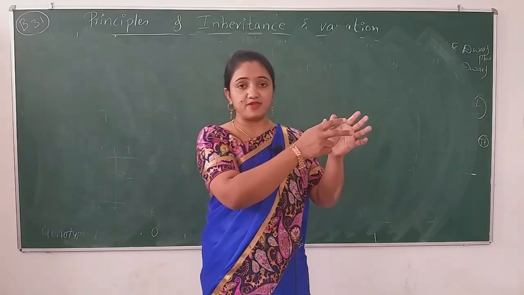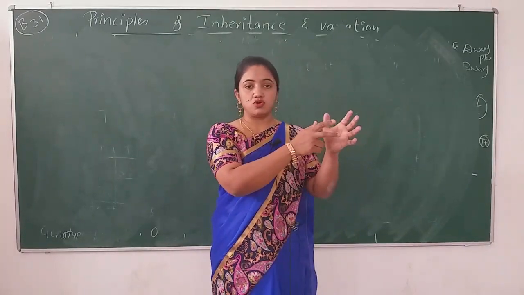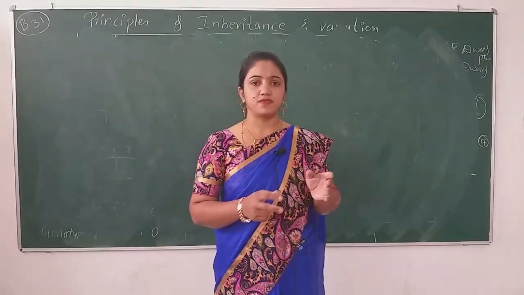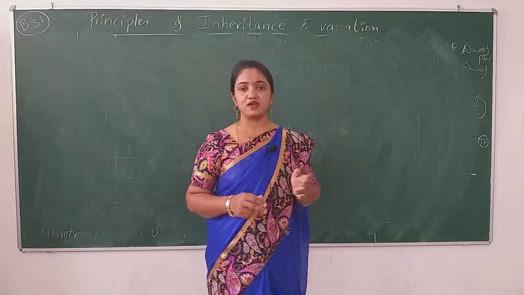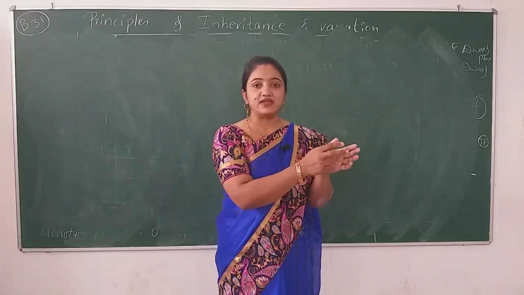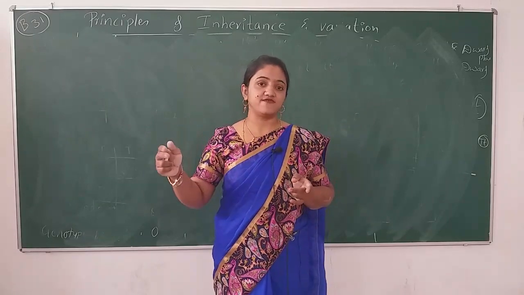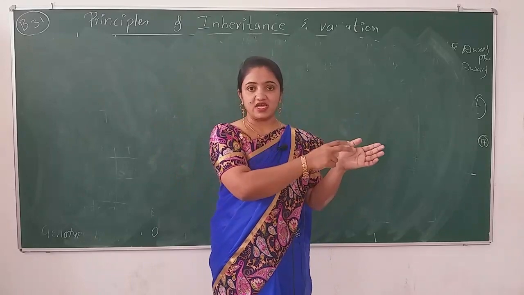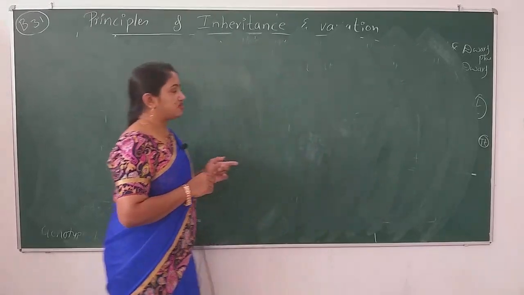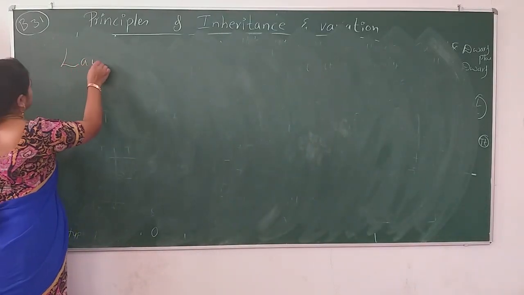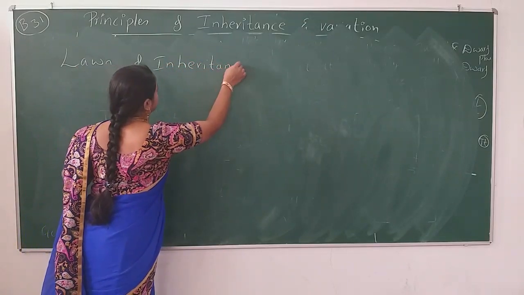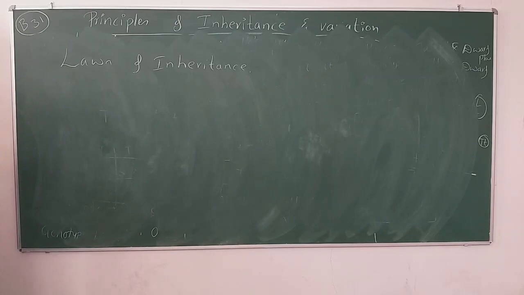In the rules, what will be there? Those rules explain how to cross the plants, how the genotype of the parent will be, how the phenotype of the parent will be, when the dominant character expresses, and when the recessive character expresses. Whatever he explained about the rules in his experiment becomes the laws of inheritance.